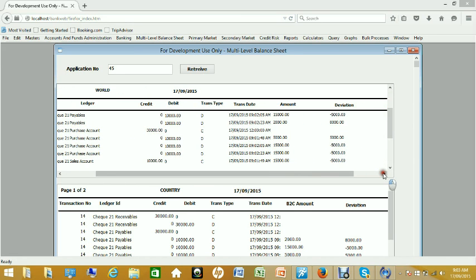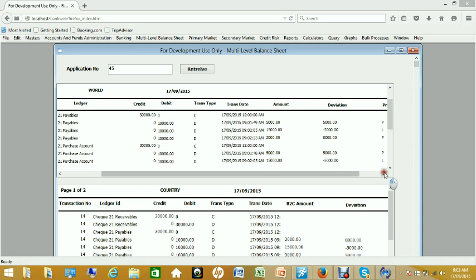In this analysis, let's do it for payables account first. In this payables account, we see these three coupon targets, and we see the B2C amount. Here the target amount is 10,000 and the payables amount is 5,000.